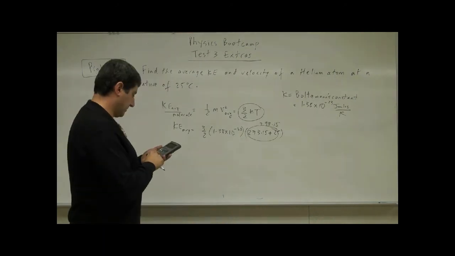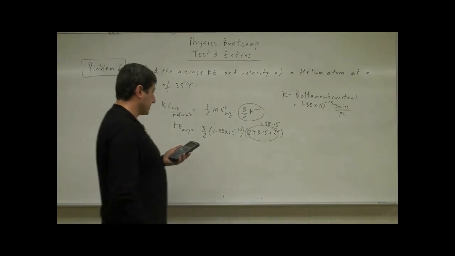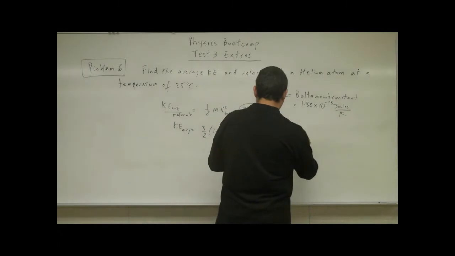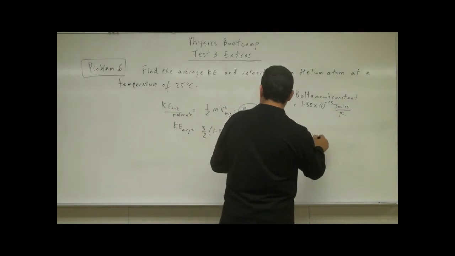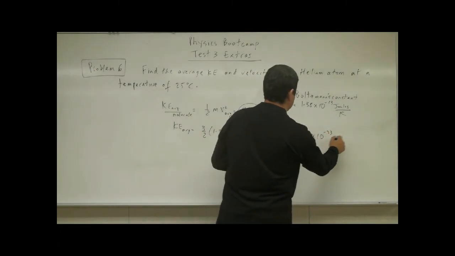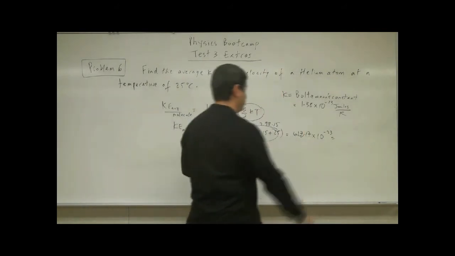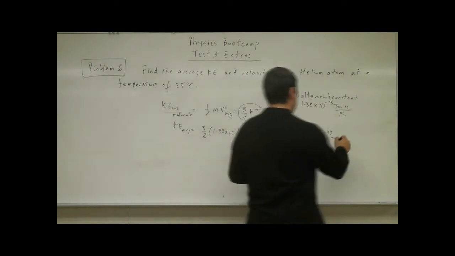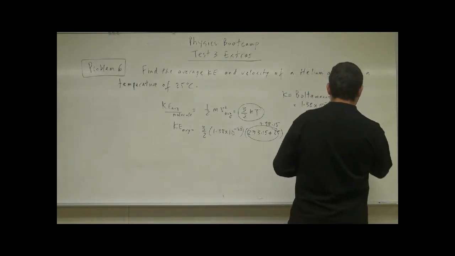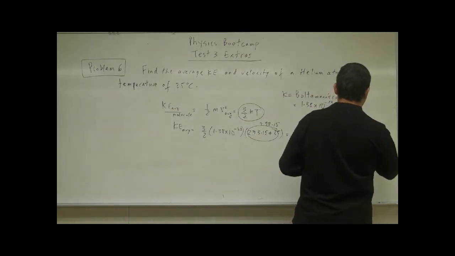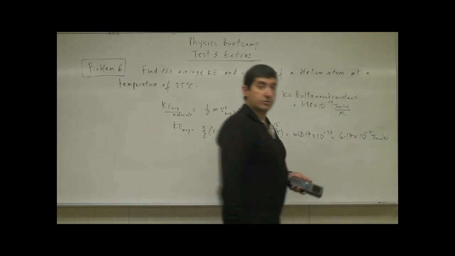So times 1.5, that gives you 617.17 times 10 to the minus 23, and that's joules. And I can convert, so 6.17 times 10 to the minus 21 joules. Okay?